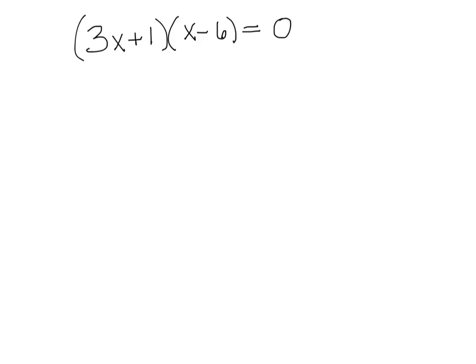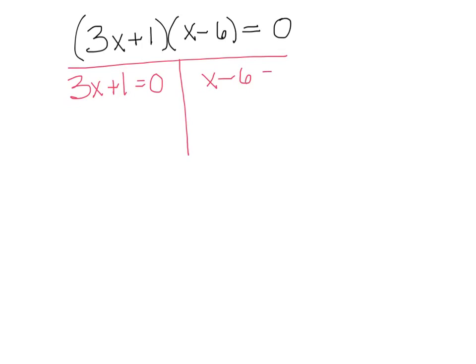So I had this factored form of my quadratic. Now I'm going to apply the zero product property that says this whole thing could equal 0 if the first factor is equal to 0 or if the second factor is equal to 0. So what I've done is I've turned one equation into two equations. I like to use my t-chart, and I can just solve each one of these separately now.